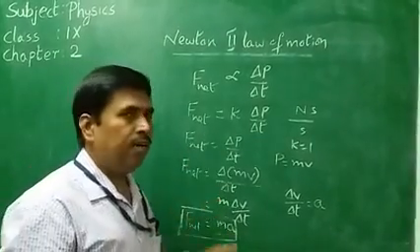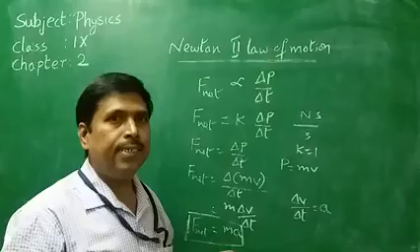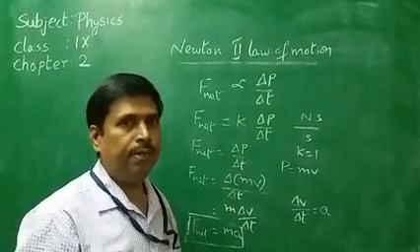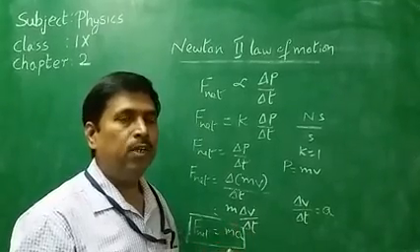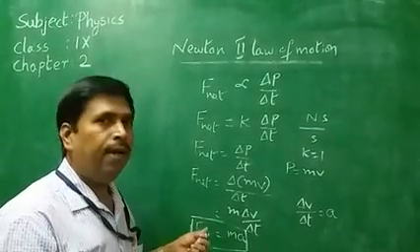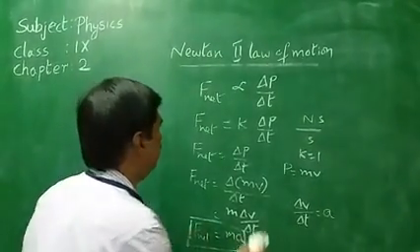Using this Newton's second law of motion, another scientist prepared a machine called the Atwood machine, which is used to verify Newton's laws of motion. So the next concept is about the Atwood machine.